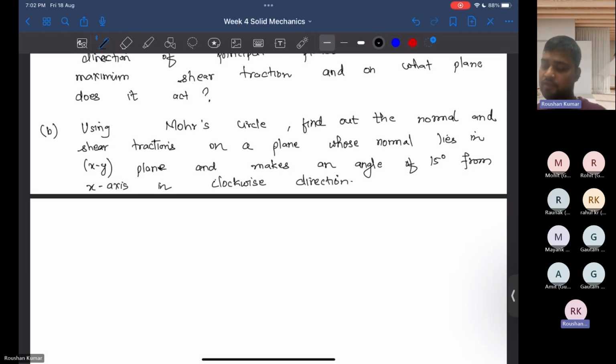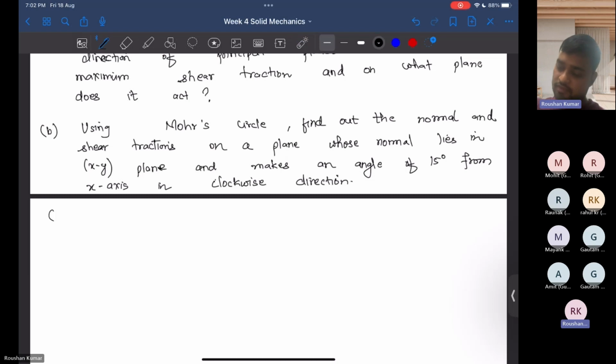I am repeating once again. Using Mohr circle, find out the normal and shear tractions on a plane whose normal lies in xy plane and makes an angle of 15 degree from x-axis in clockwise direction.